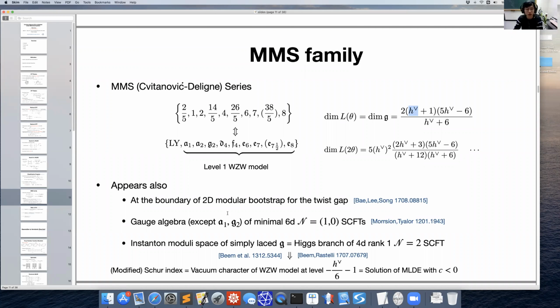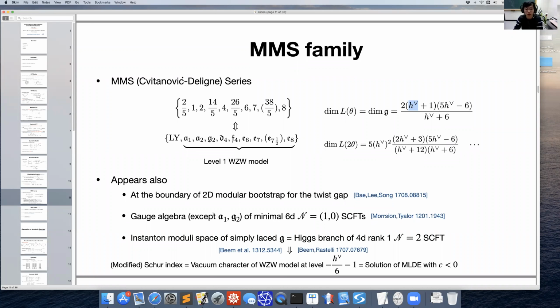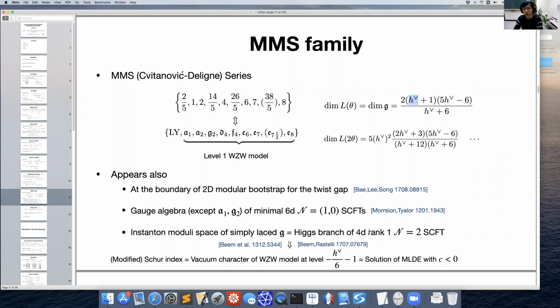Moreover, in the minimal 6D N equals (1,0) SCFTs, those Lie algebras, except A1 and G2, all appear as gauge algebras of those SCFTs. In terms of 4D, the instanton moduli space of simply laced algebras in this list is the same as the Higgs branch of 4D rank 1 N equals 2 SCFTs.